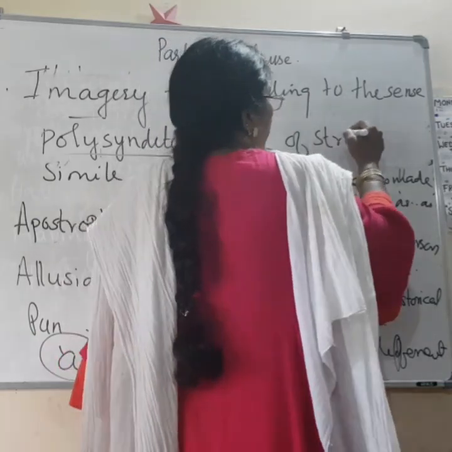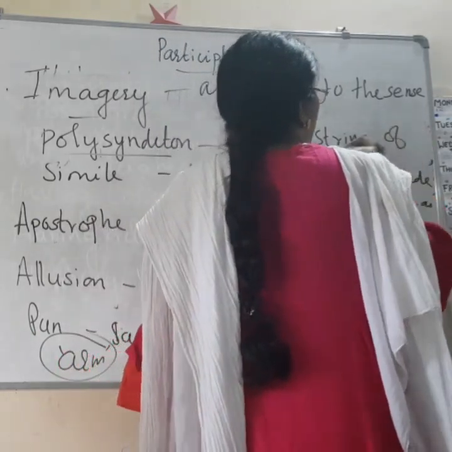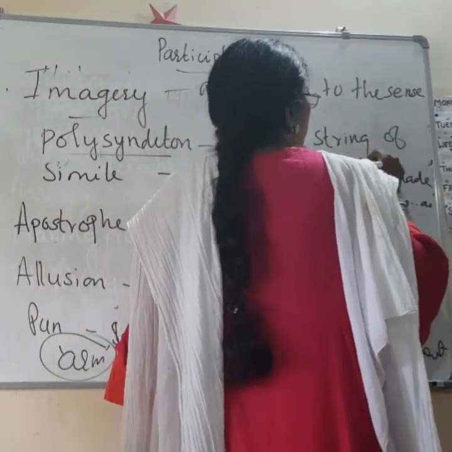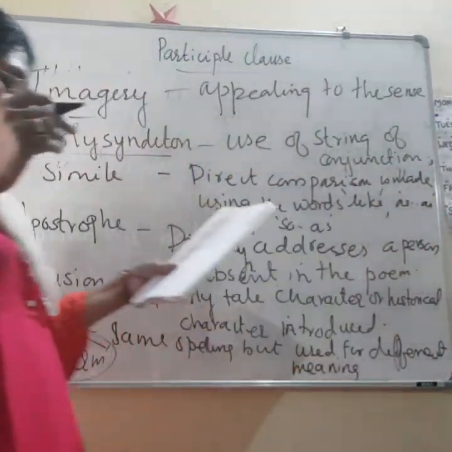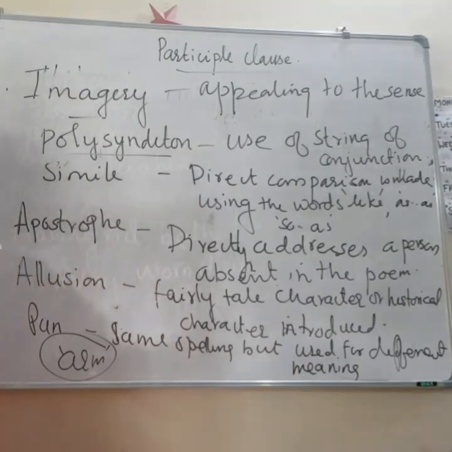Conjunctions are used continuously. Then it is called polysyndeton. Any conjunction used more than once, like 'and boring and boring and boring'. Clear? So 'and' is repeatedly used.